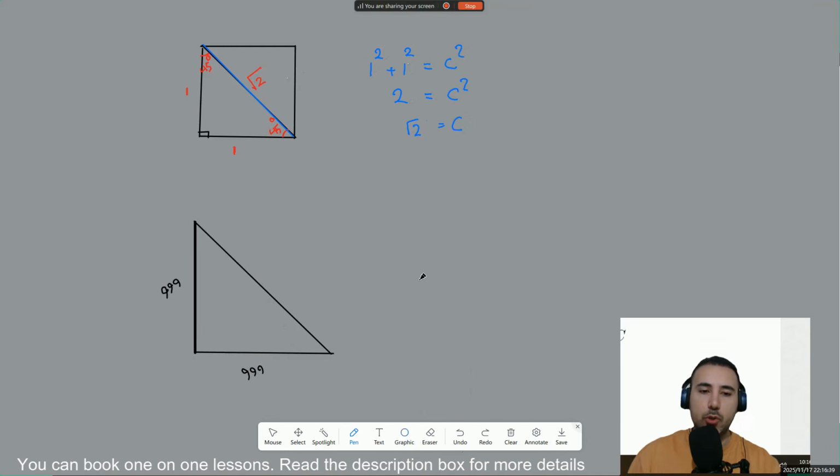Are you going to go 999 squared plus 999 squared and then a square root? Because these two triangles are always similar. This has become multiplied by 999. So the answer is just 999 root 2. There you go. That's how it's done. That's the first special right triangle.